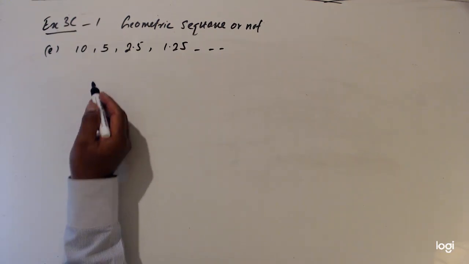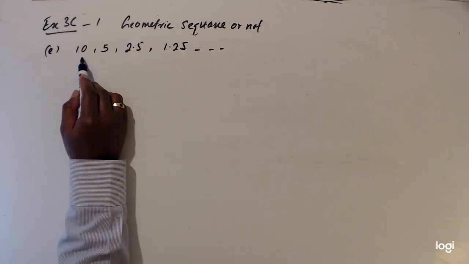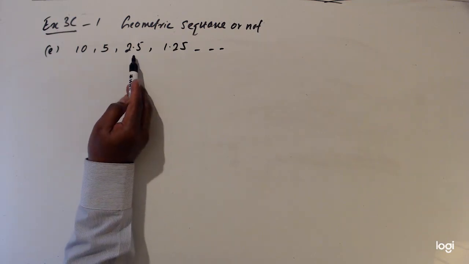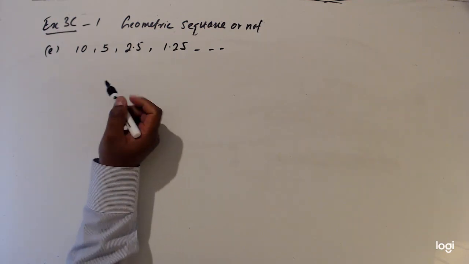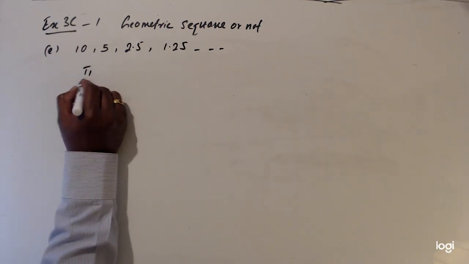Part A, 5 divided by 10 is half, 2.5 divided by 5 is half, and 1.25 divided by 2.5 is half. Basically, this is a geometric sequence.